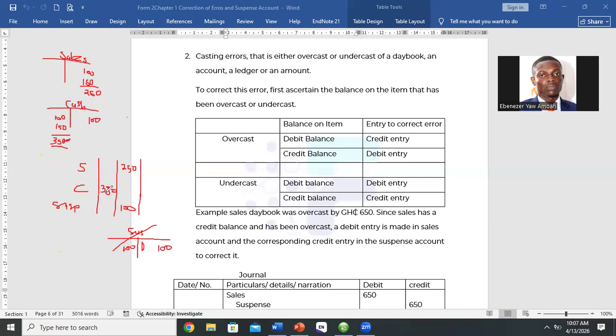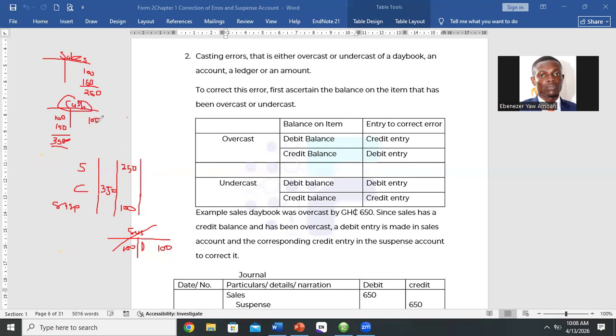Okay. Now, having appreciated this example, there's a strategy you can use in correcting your casting errors. This is what I have put down in this table here. First of all, ascertain the balance on the item that has been overcast or undercast. Does the item that has been overcast have a debit balance or a credit balance? In this case, cash was having a debit balance and it was overstated, or overcast.